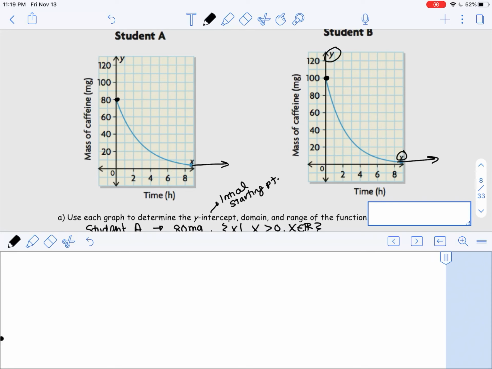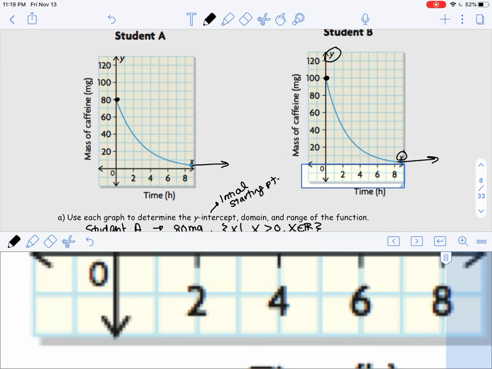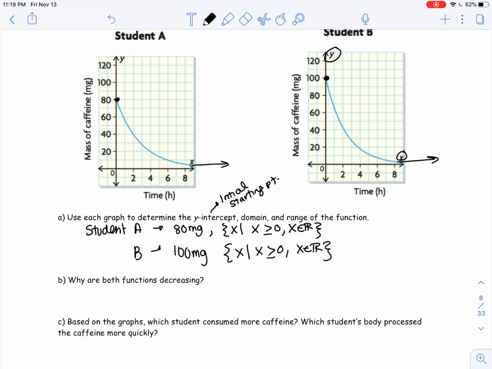Next, let's look at the range. So this was our domain that we just did. Now we'll look at the range. For the first one, we have to look at what the smallest acceptable value is up to the highest acceptable value.